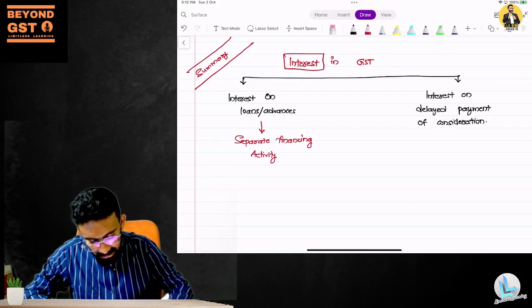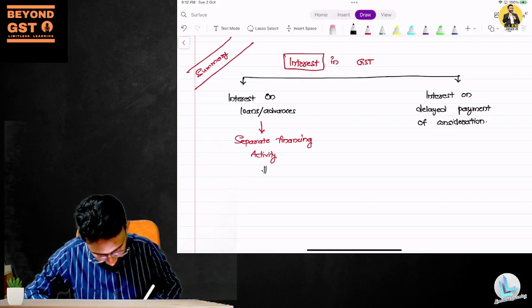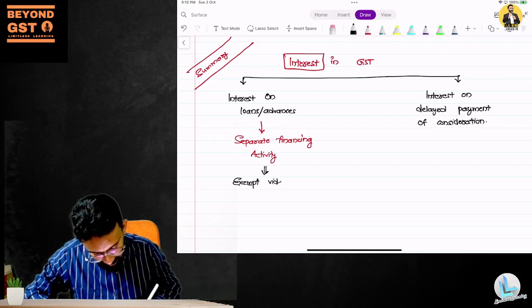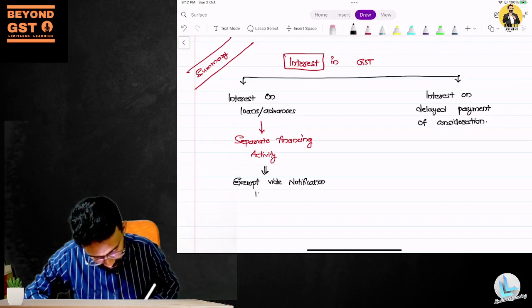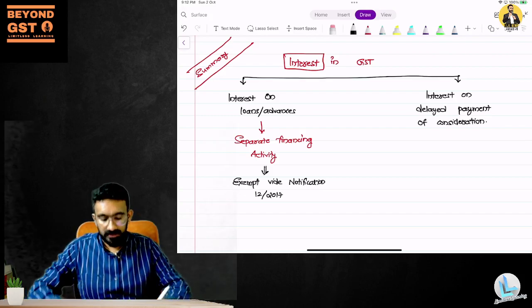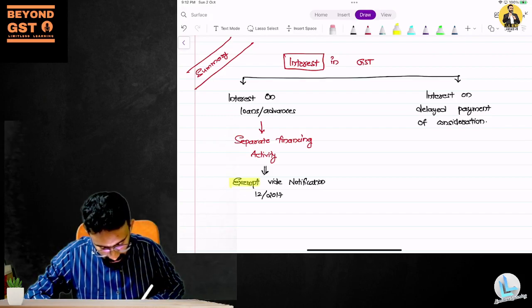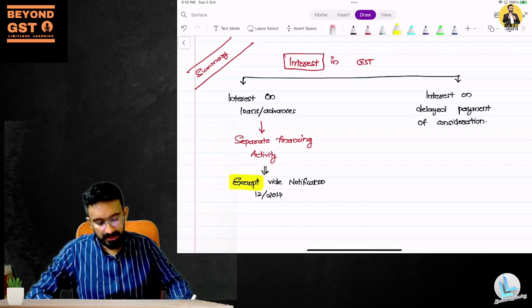So this interest in GST, is it taxable or exempt? It is exempt by our exemption notification. Exemption notification is notification 12/2017. It is exempt. Okay. Now what is the complication?